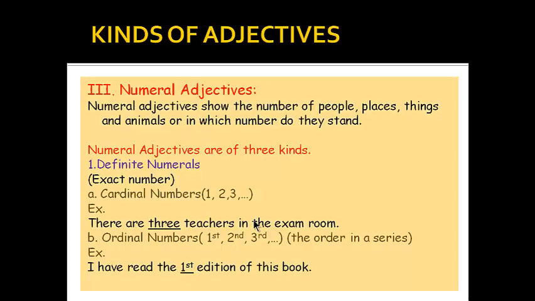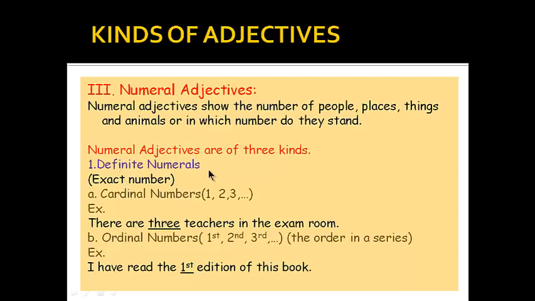The third type of adjectives is known as numeral adjectives. Numeral adjectives show us the number of people, places, things, and animals, or in which number they stand. That is the order. Numeral adjectives are 3 types.